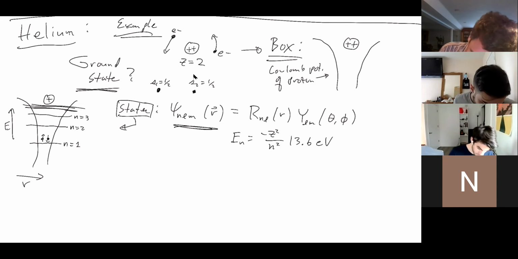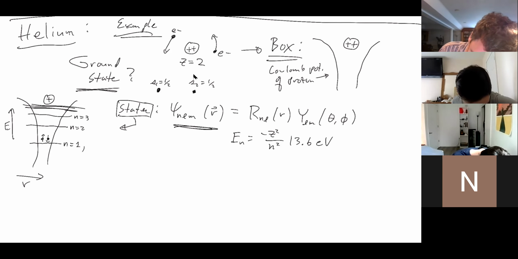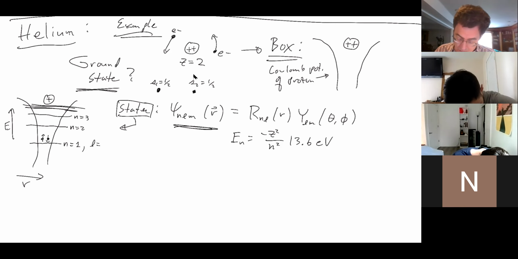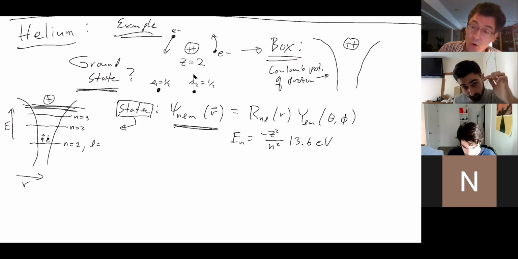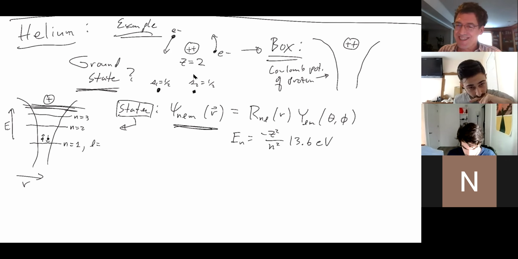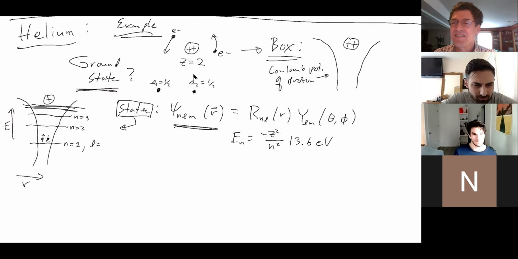That's exactly right. And you remember that for n equals 1, L equals what? The orbital angular momentum of the n equals 1 state. You have to remember this from last semester. Is it 0?